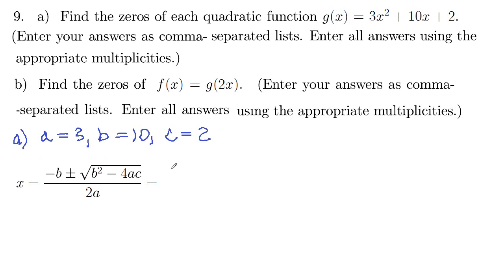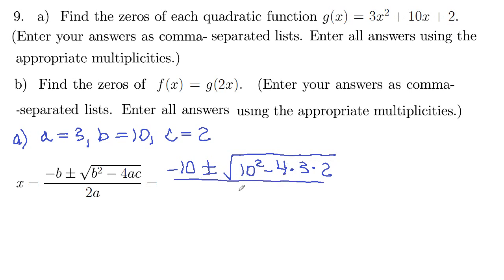So negative b will be negative 10 plus or minus the square root of b squared, 10 squared, minus 4 times a, which is 3, times c, which is 2. And then all over 2 times a, so 2 times 3.